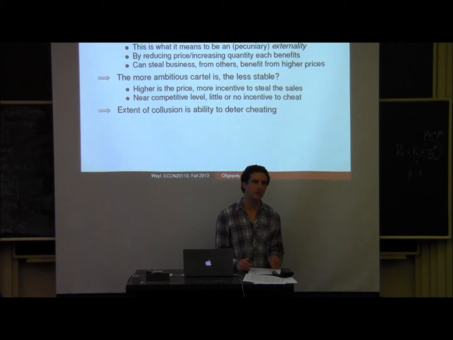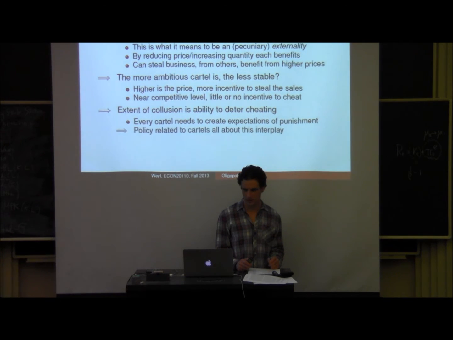So the extent of collusion, therefore, is determined by the ability to deter cheating. And as a result, every cartel, if it wants to achieve much in terms of collusion, needs to create expectations among other cartel members that they will punish deviations, right? And policy, on the other hand, tries to make this difficult.